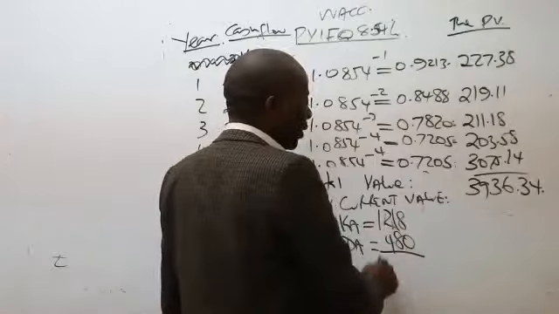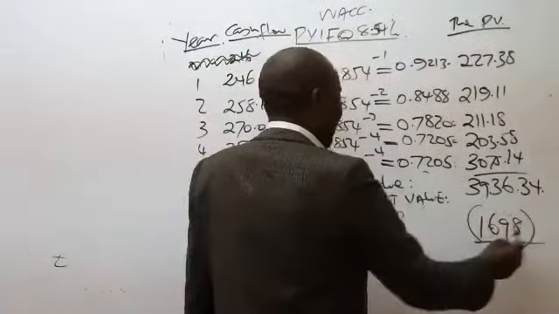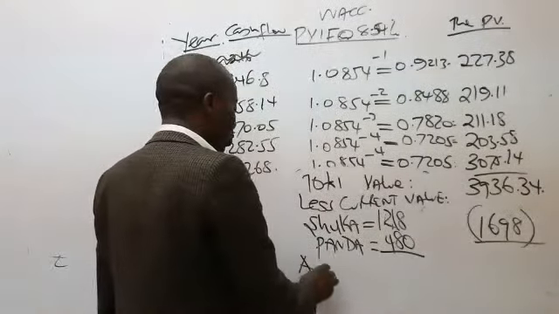Could you kindly add the two for me? It will come to 1698. When you subtract like that, you should be able to get the additional value.